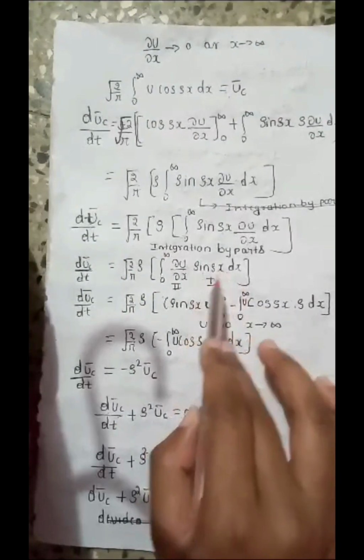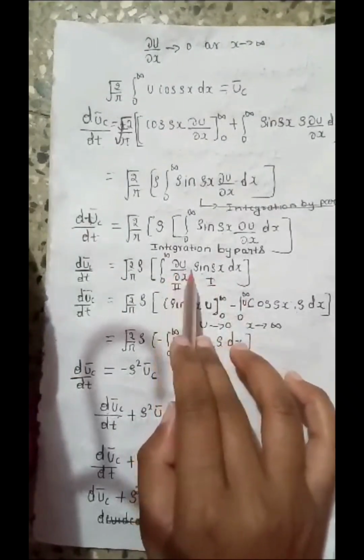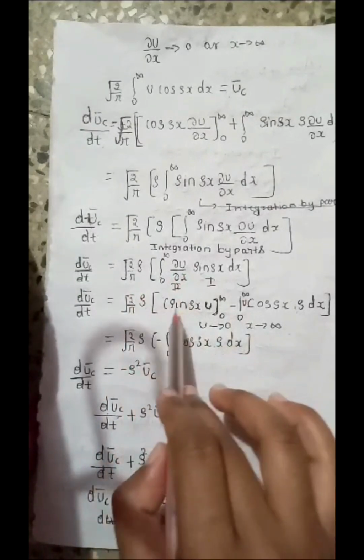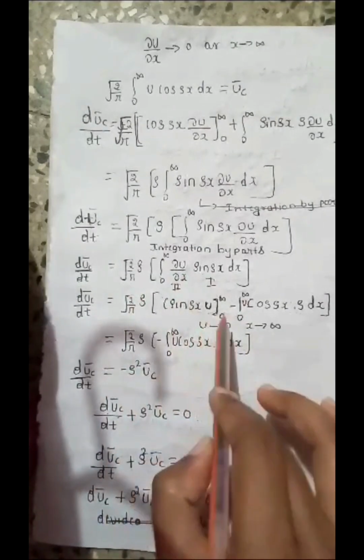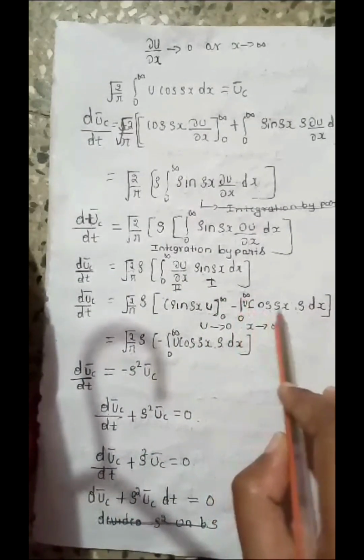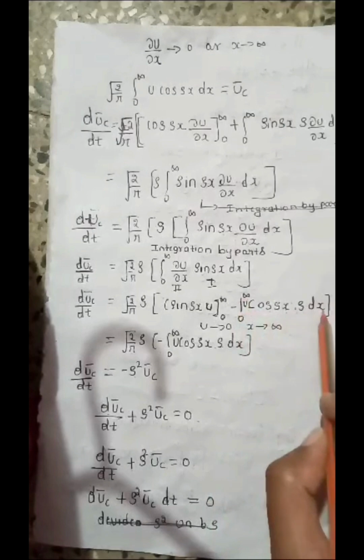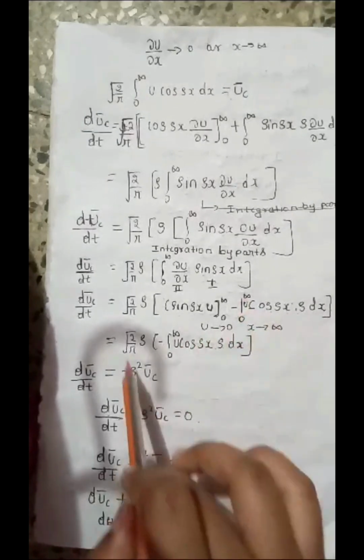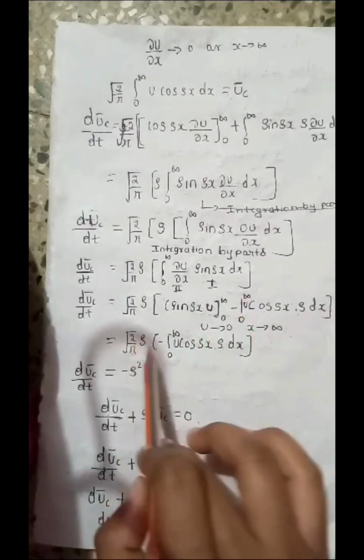So sin sx is the first part and dou u by dou x is the second part. Square root of 2 by pi into s, so sin sx into u from 0 to infinity, applying the limit, minus 0 to infinity u cos sx into s dx, where u tends to 0 and x tends to infinity.